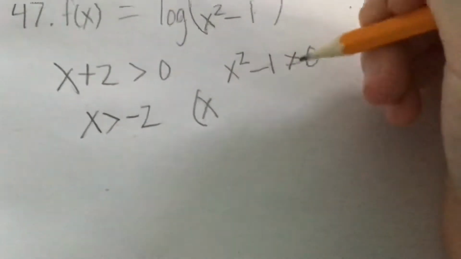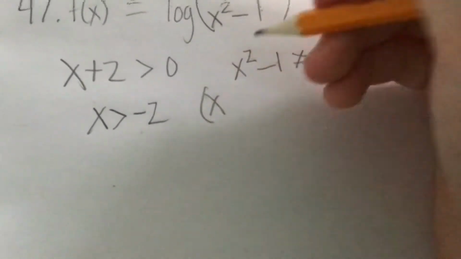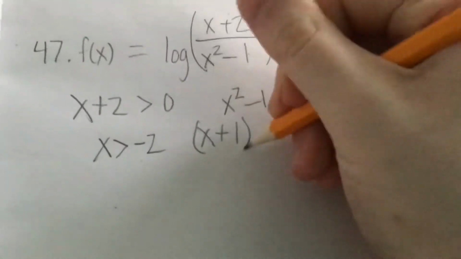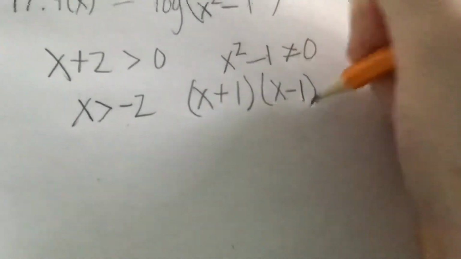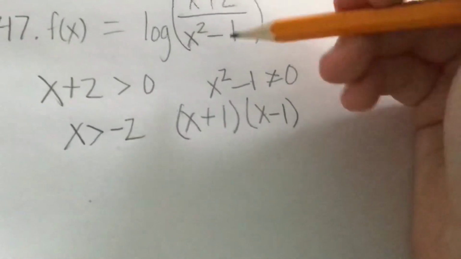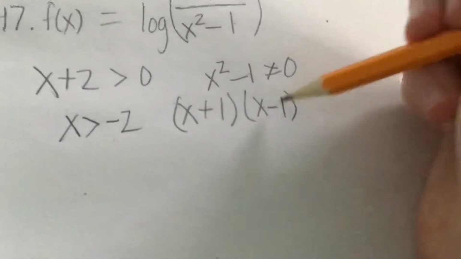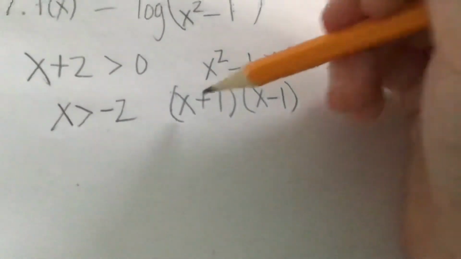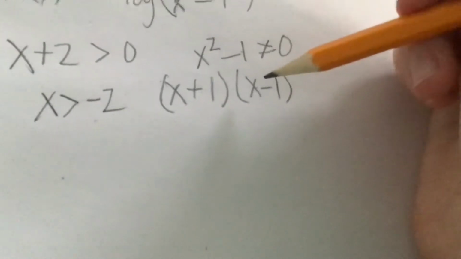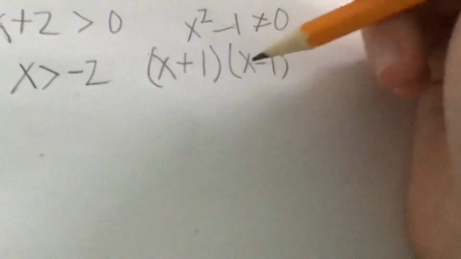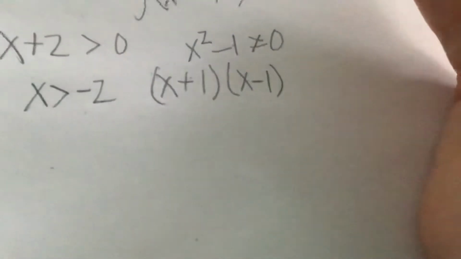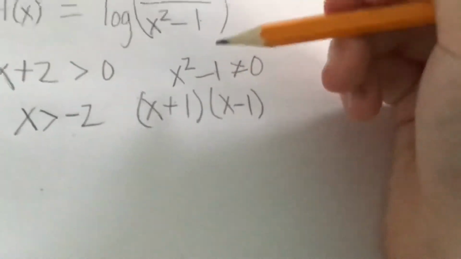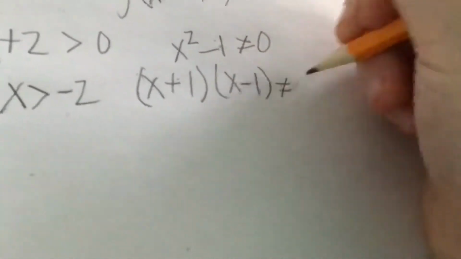So we can factor it by saying x plus 1 and x minus 1 equals this, because x times x is x squared, x times negative 1 is negative x, and positive 1 times x is positive x, and the positive and the negative x will cancel each other out, and then you multiply positive 1 and negative 1, you get negative 1. Okay?